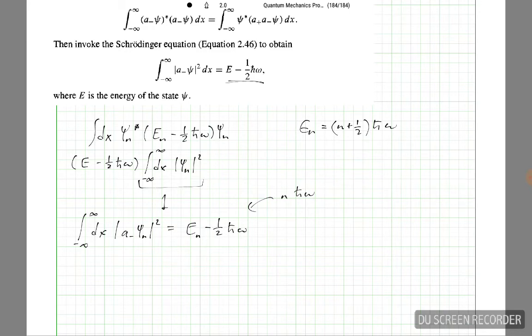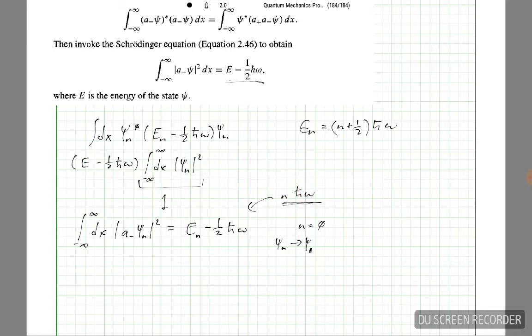Now we want to know what happens if we apply that to the ground state. So now we're going to replace psi n with psi naught, so basically n equals 0. If you kept it this way, you'll notice right away what that integral is going to equal.